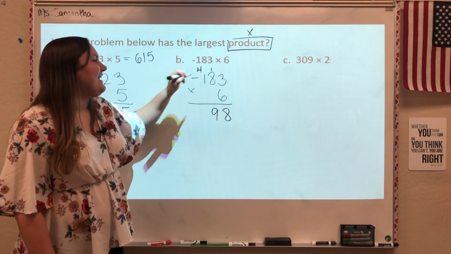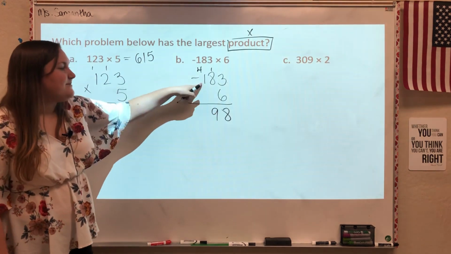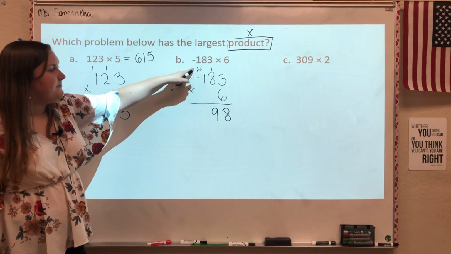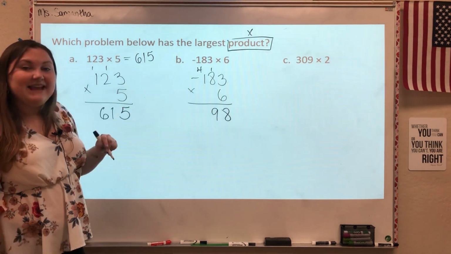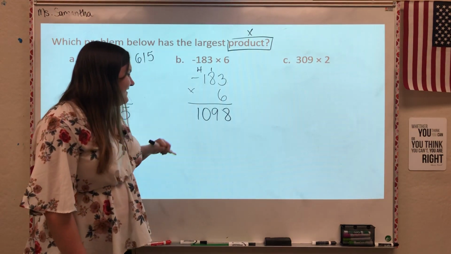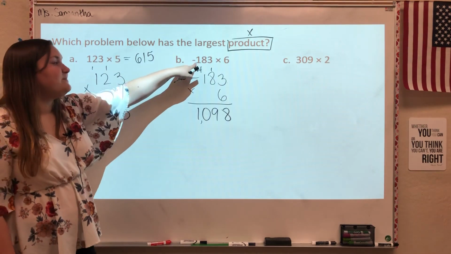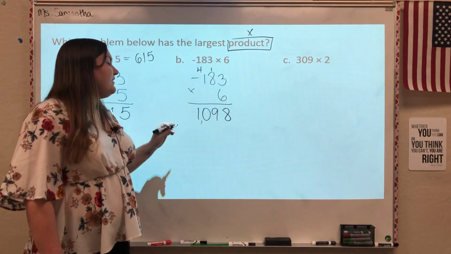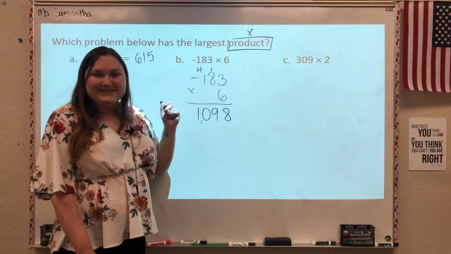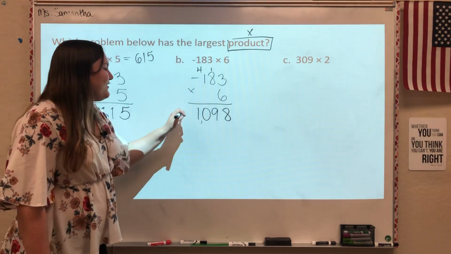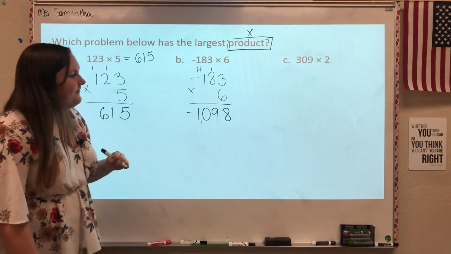Write my 9, carry my 4. 6 times 1 gives you 6, and then plus our 4, 7, 8, 9, 10. So we get 1,098. Now notice I was multiplying a negative and a positive. We had just said in a previous problem, when you're multiplying different signs, your answer is negative.